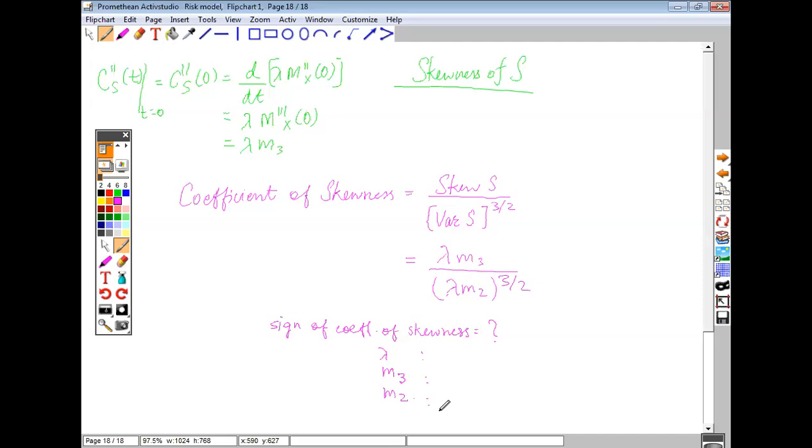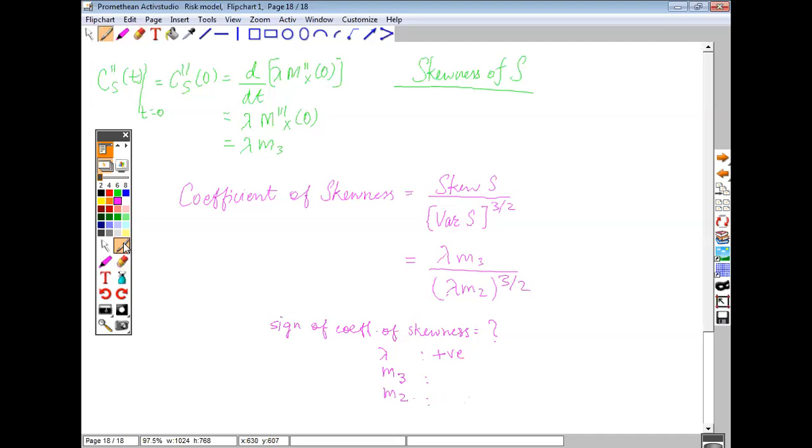All right. So are you guys thinking lambda will be positive? Lambda will be positive, right? Because that is the rate parameter. Exactly, so it has to be positive. What about others? Ma'am, even M2 will be positive, like it's a variance. Is M2 variance? M2 is not variance.